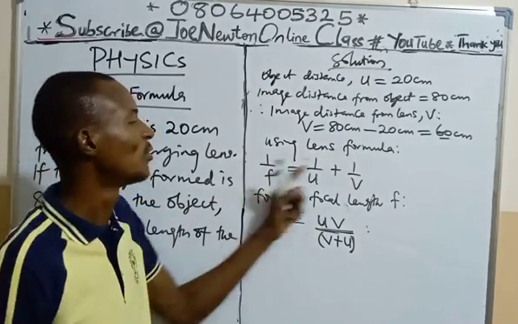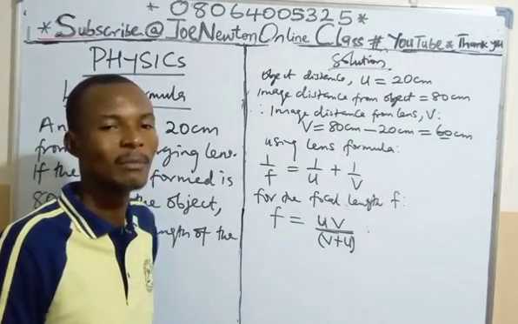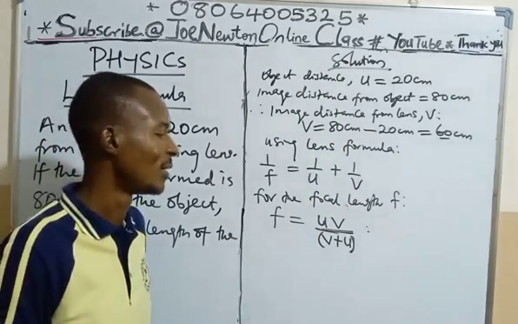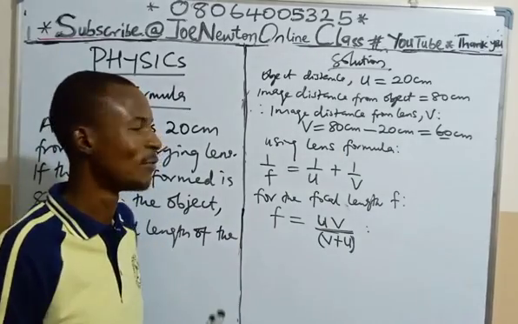You can equally substitute these values here and then use the LCM or simplified fraction and get your answer. But this is the other formula we use to find the focal length.